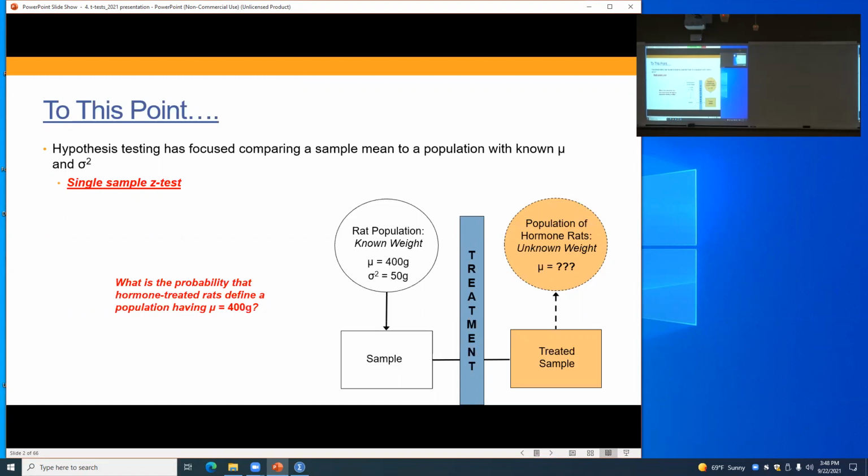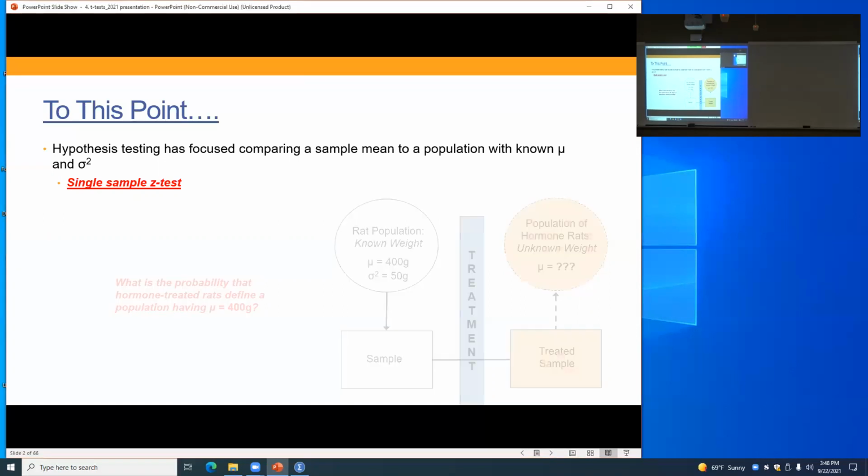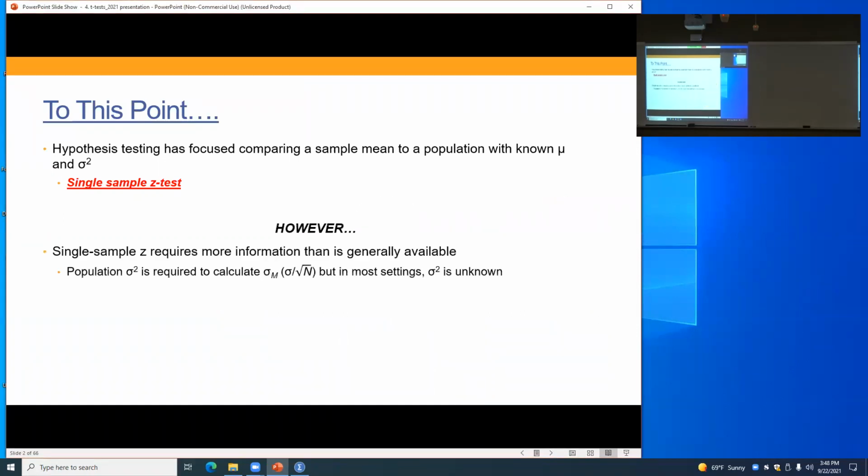We're asking, what's the probability that this sample of treated rats came from some population with mean 400 and variance equal to 50? That's our standard setup for our one sample Z test. The problem is that the single sample Z almost always requires more information than we have.